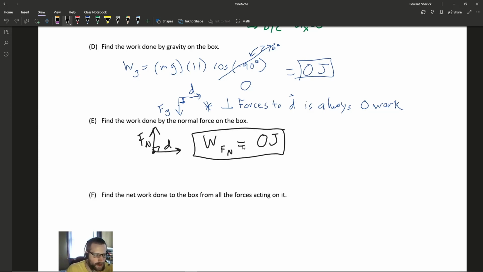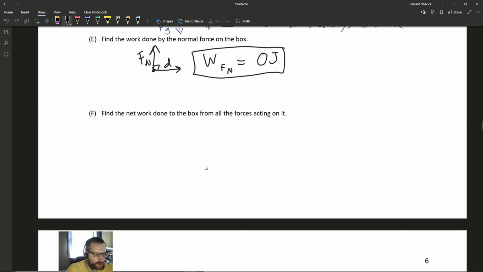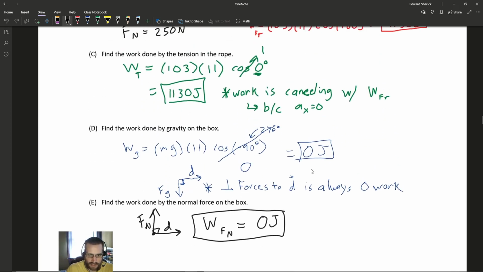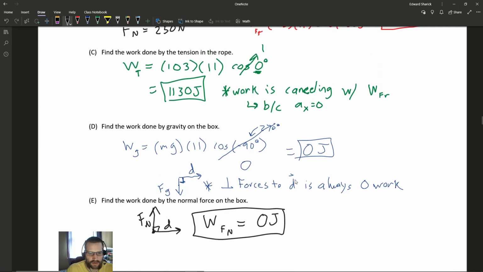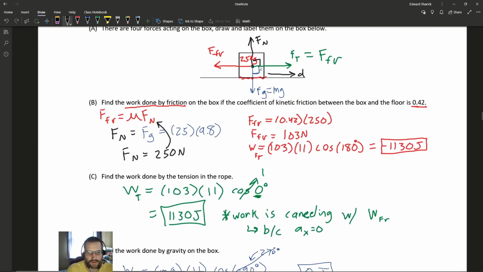All right, and so now we can find the net work done to the box from all the forces acting on it. We want to be careful here about adding just all the numbers together. Obviously, these are 0, so they're not going to affect it. But you want to make sure that you're just adding the values that are moving relative to the distance. So if this thing was moving at an angle, we would be accounting for that in the fact that we would have some work done in the y and some work done in the x.